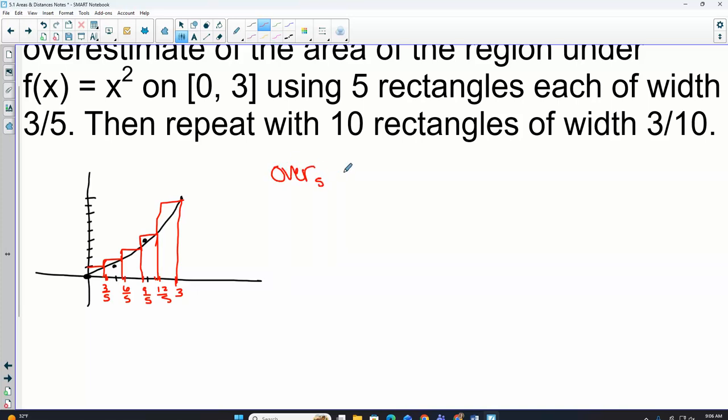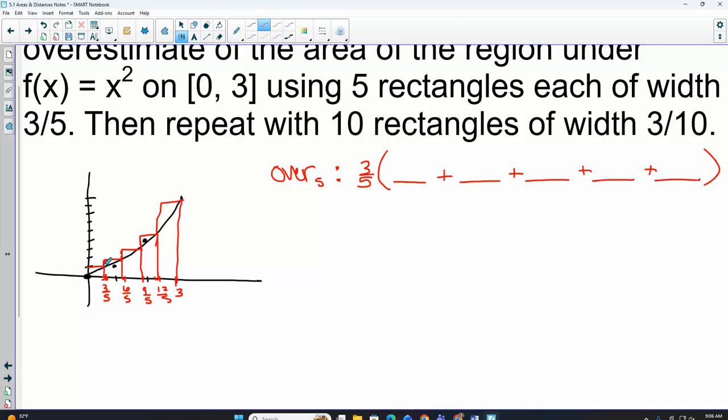I'm going to put a little subscript 5, so I know it's with 5 rectangles. Can we agree all of these rectangles have the same width, 3/5? So I could just put that out in front. And then I'm going to have the 5 heights of those rectangles in there. For the first one, the x I'm plugging in is 3/5.